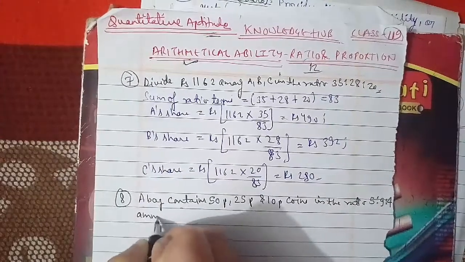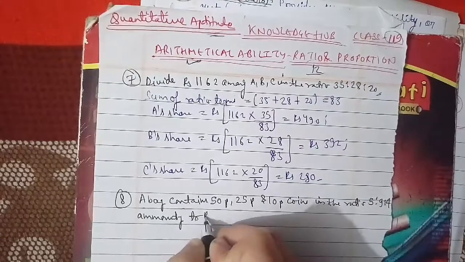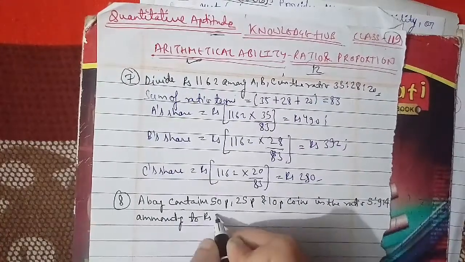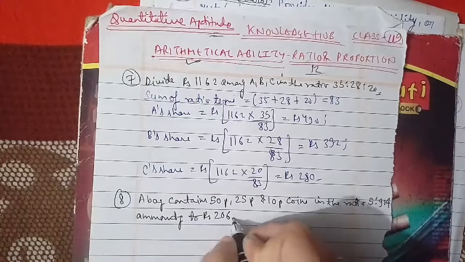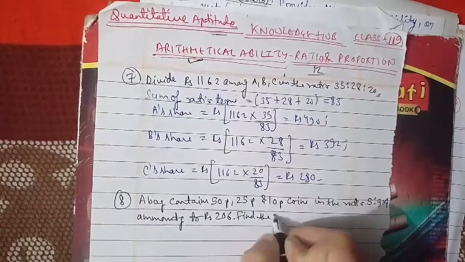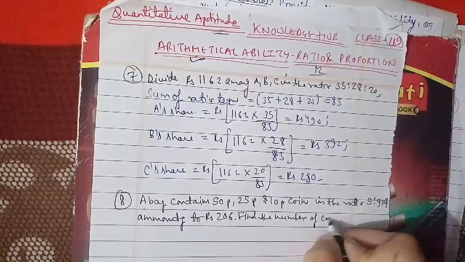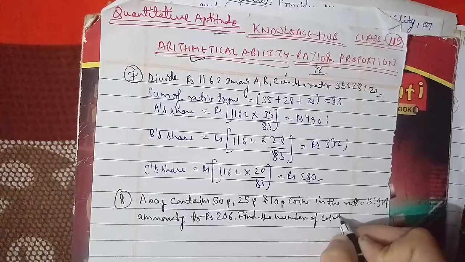Find the number of coins of each type. For that we have to work it out.